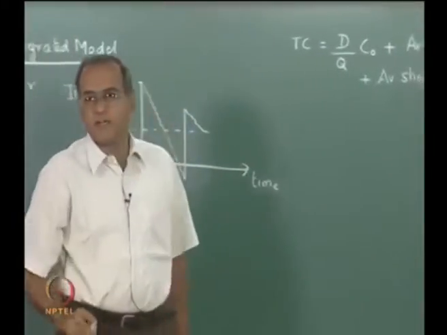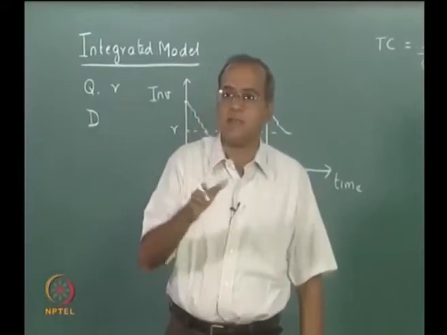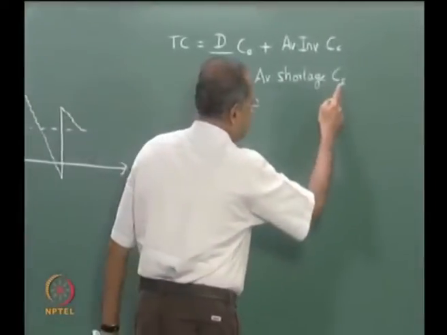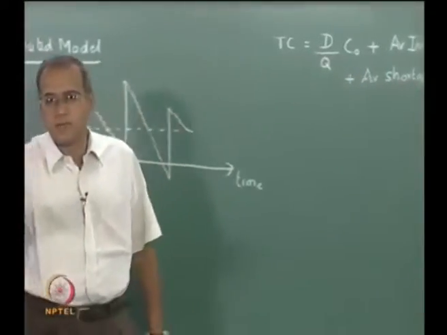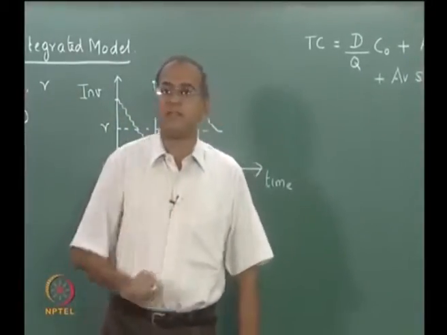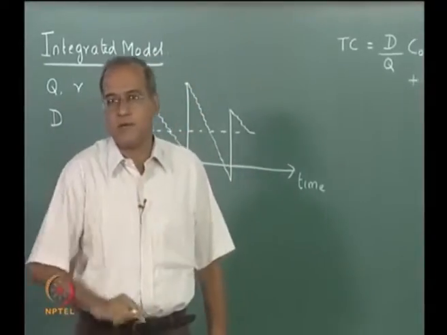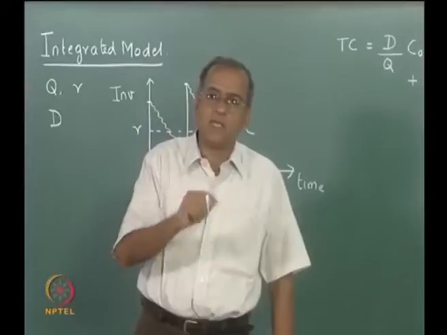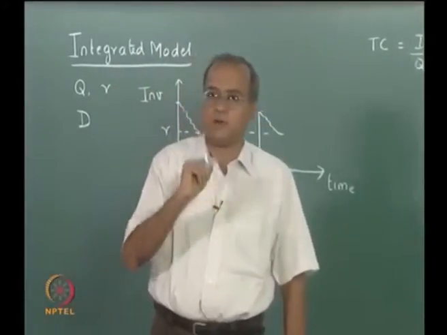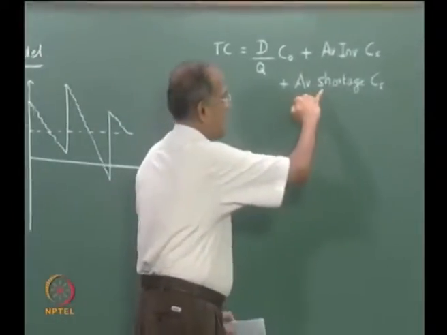Cc is always defined as rupees per unit per year, and therefore average inventory is in units. Now it depends on how we are going to define Cs. We need to either multiply with D by Q or not. If Cs is defined as rupees per unit per year, then we do not multiply by D by Q. But if Cs is defined as rupees per unit short, then we have to do that, because of the expected value of the shortage.